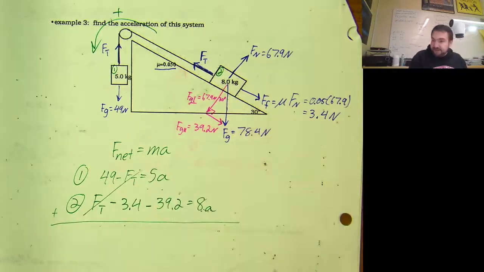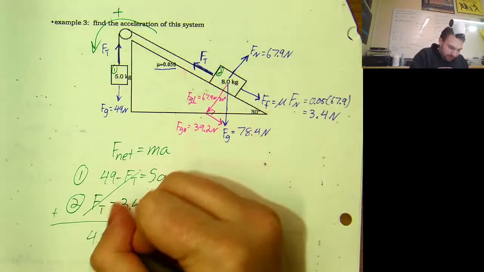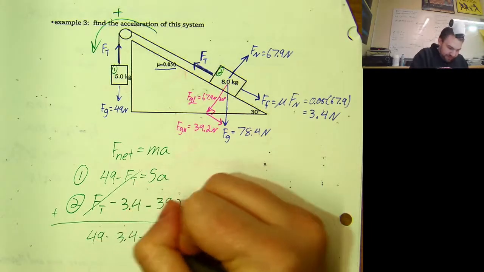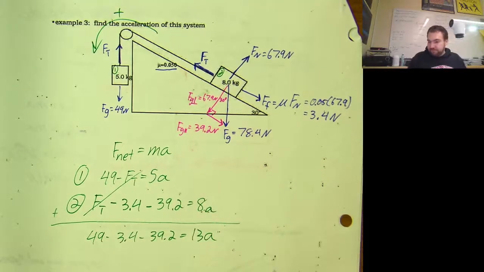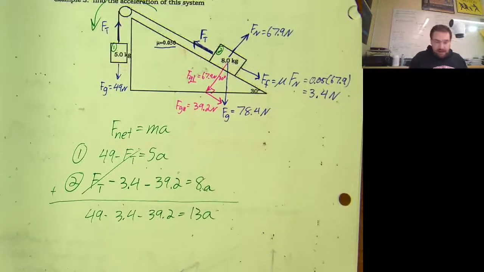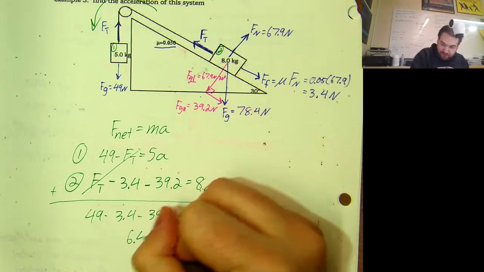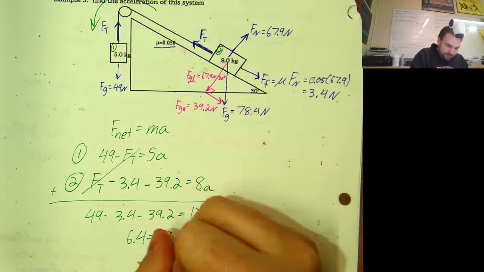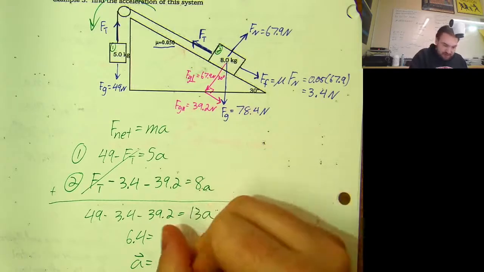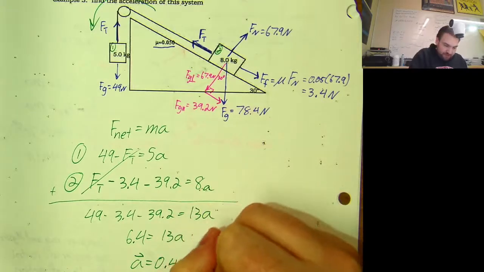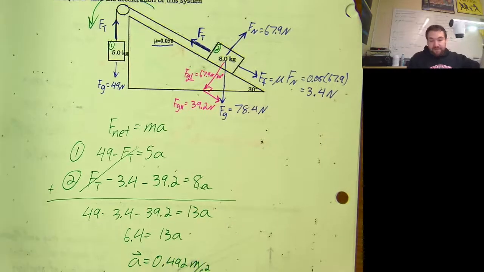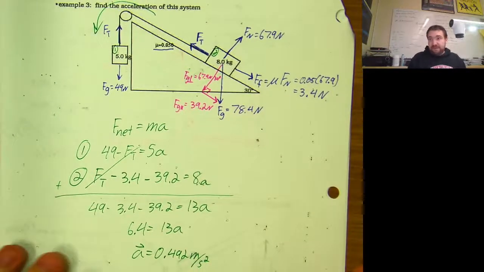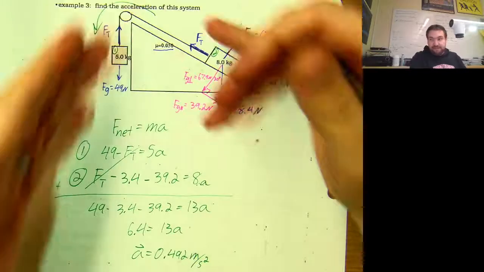My Fts are going to cancel, and I'm going to get 49 minus 3.4 minus 39.2 equals 13a. I sum this up, so I'm going to get 6.4 equals 13a, and we're going to find that the acceleration is 0.492 meters per second squared. And it's positive, which is what we expected, so it's accelerating like this.